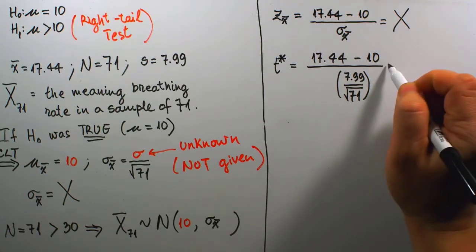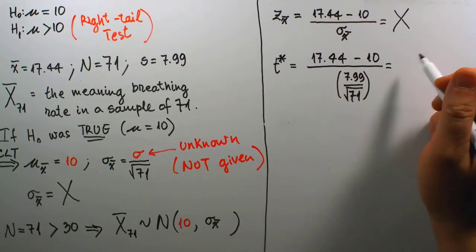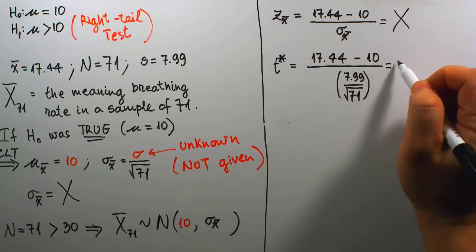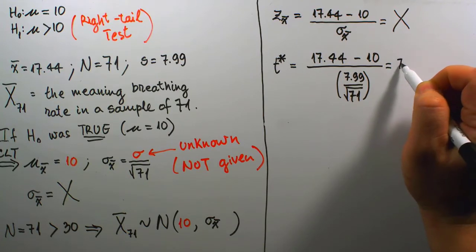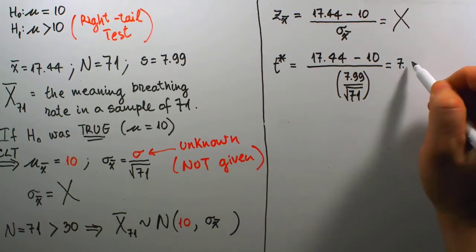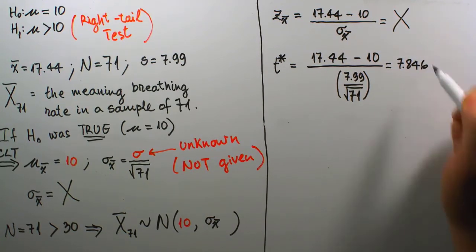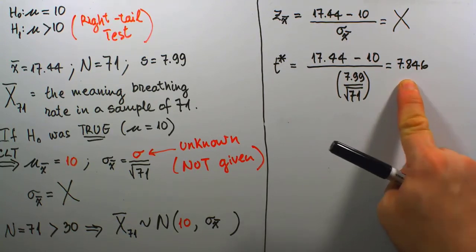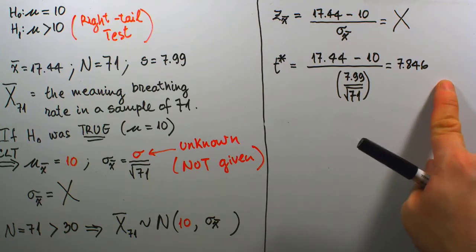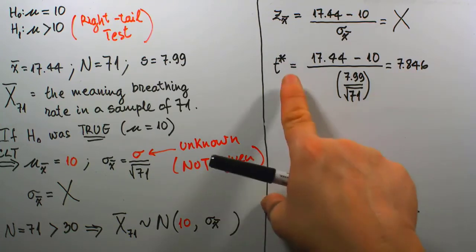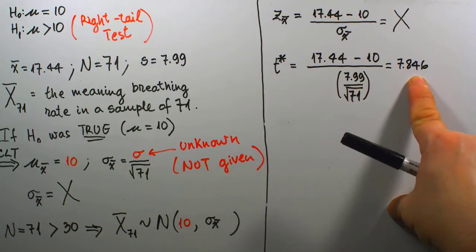So calculation shows that our T star for this sample is positive 7.846. The actual calculation came out with a lot longer decimal, and unless specified otherwise, usually for T star I'll calculate to 3 decimal places.